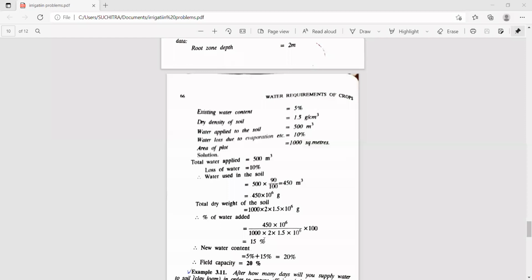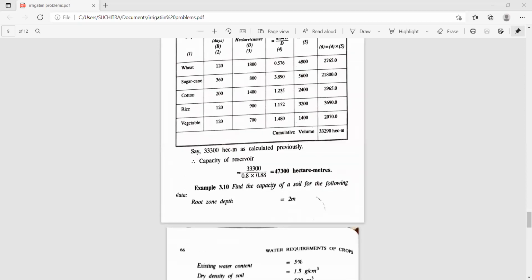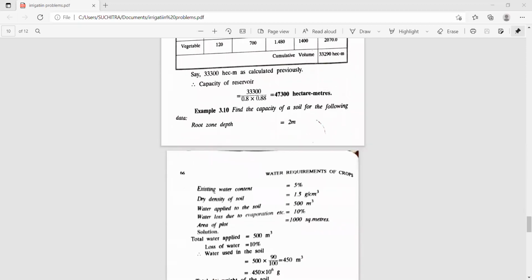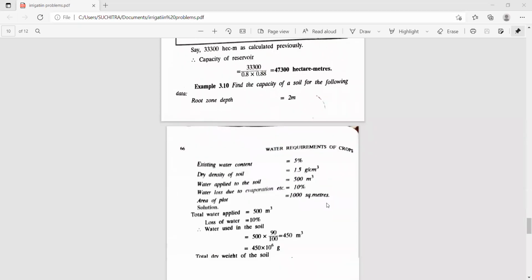Now, the net water content will be the existing water content of about 5% and the additional water content of about 15%. So hence, the field capacity will be 20%. Like this, we can calculate the field capacity of the soil, knowing the densities of soil, the root zone depth, the area of the plot, the existing water content, the water supplied and also the water loss due to evaporation.